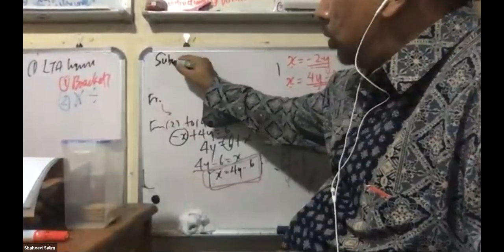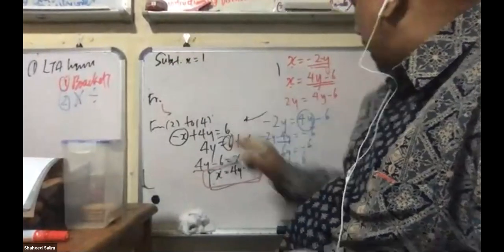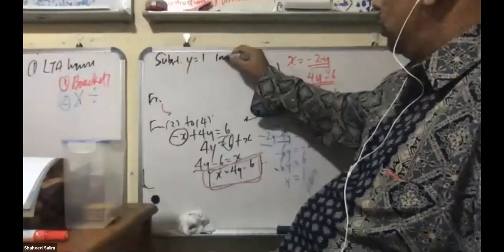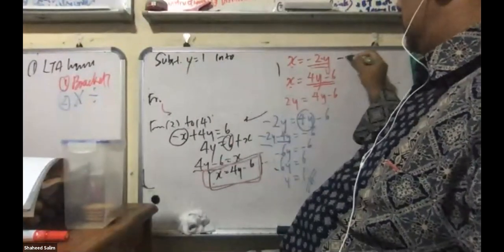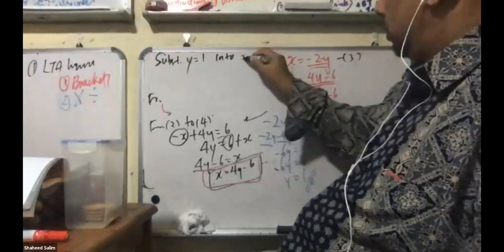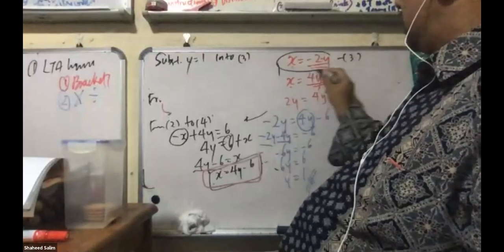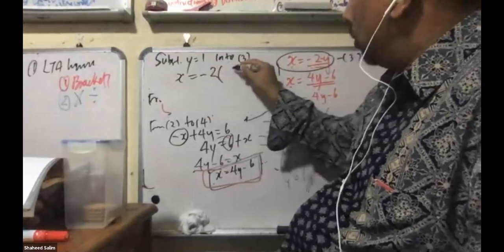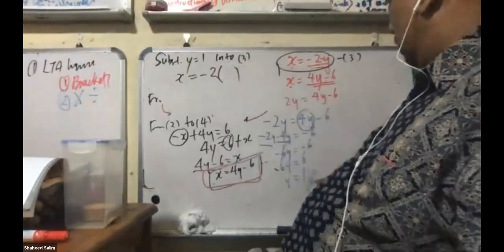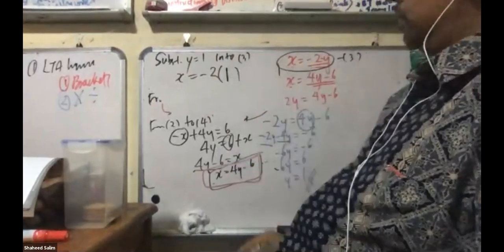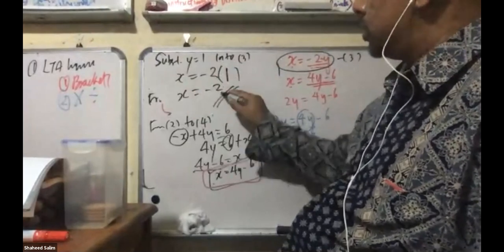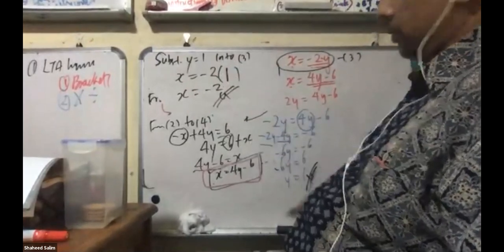Substitute y equals 1 into, let's say, equation 3. So this is equation 3: x equals minus 2y. The y value you put inside here. y is 1, put 1 here. So minus 2 times y is minus 2. x equals minus 2, y equals 1.